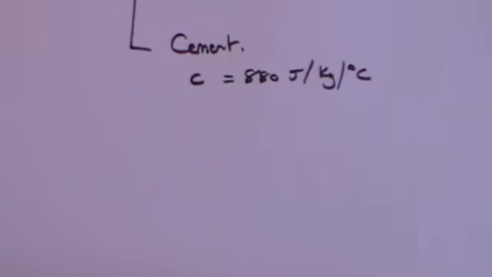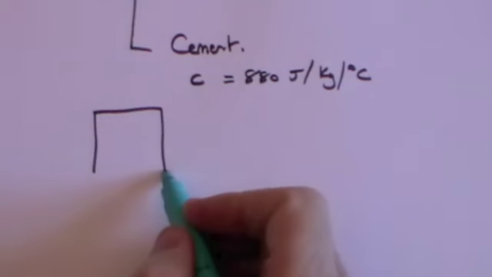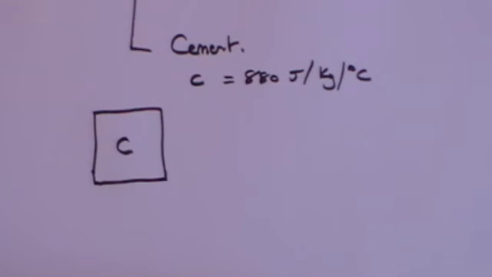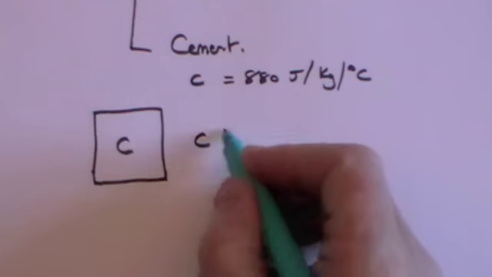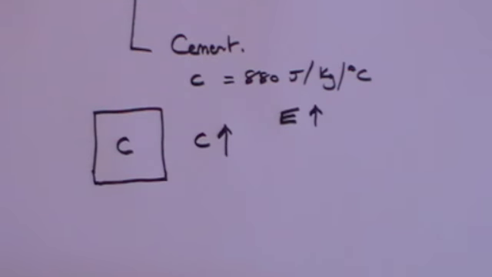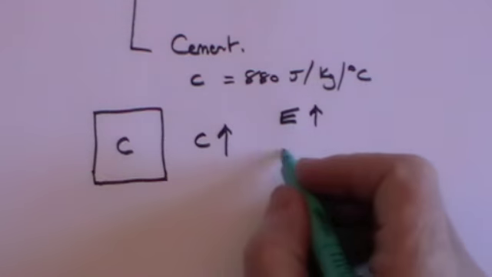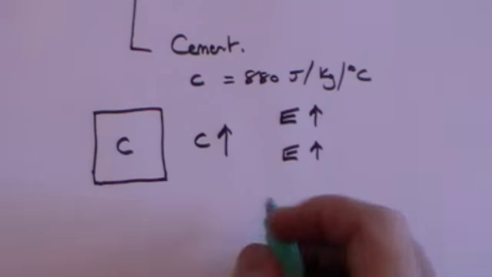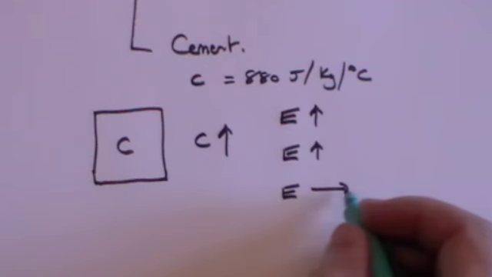So what we can say is that for any substance, it will have a specific heat capacity, C. The higher the value of C, the more energy you have to put in to heat it up, in other words, to raise the temperature, the more energy it will then contain, and therefore the more energy it can give off into the room.